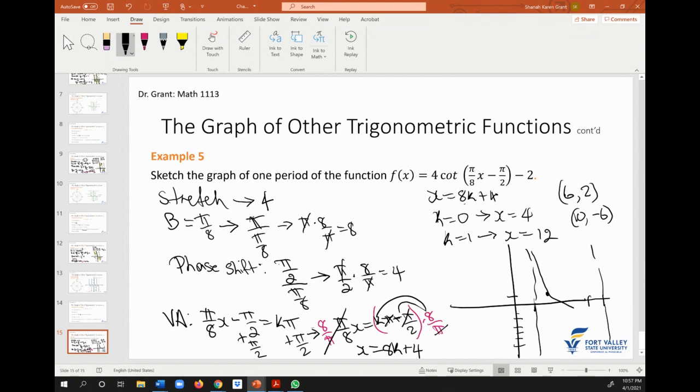Let me try again. All right, so we're at 6, 2, and 10, negative 6. As I said, it's going to be quite a stretch. And that's our graph.